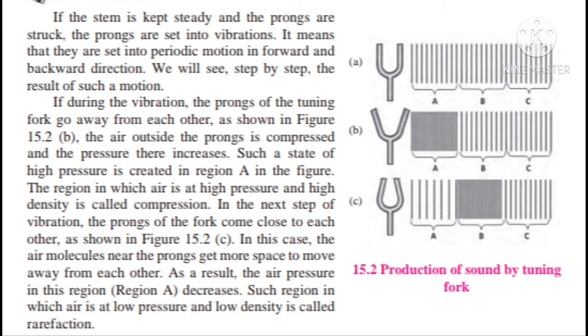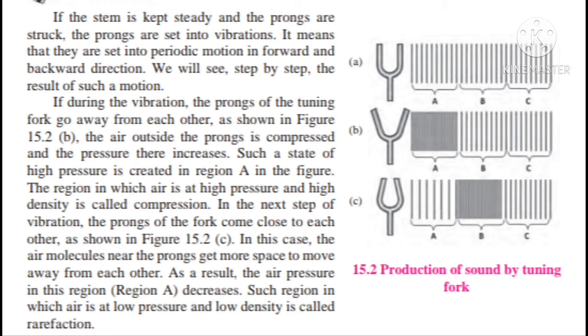Such a region in which air is at low pressure and low density is called rarefaction. We can see the layers of air somewhat away from each other. In this region the air pressure is very low. So this region of air is known as rarefaction.